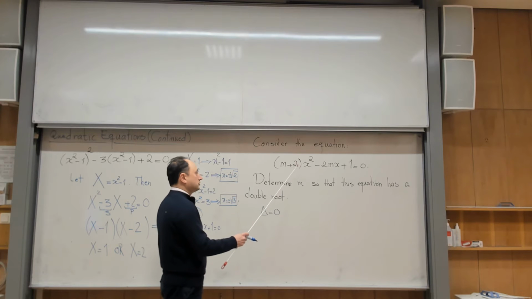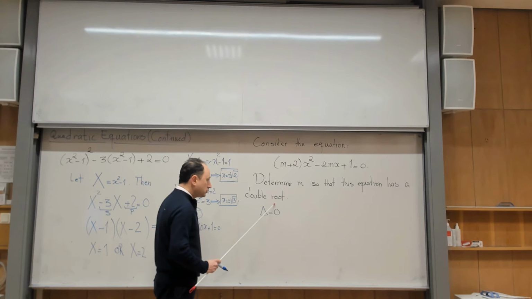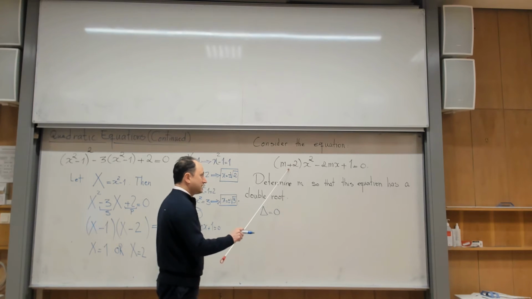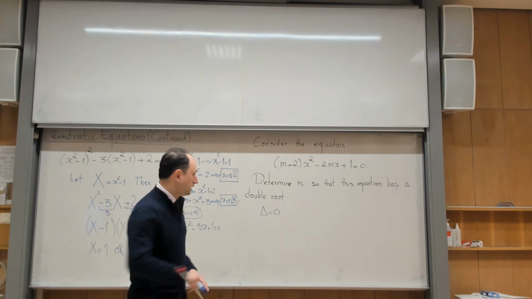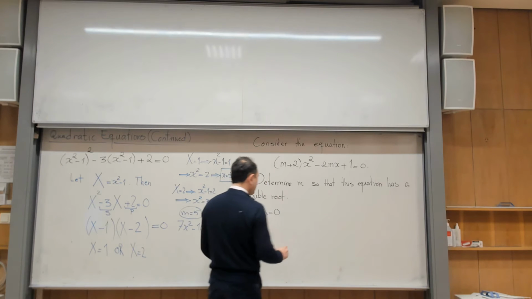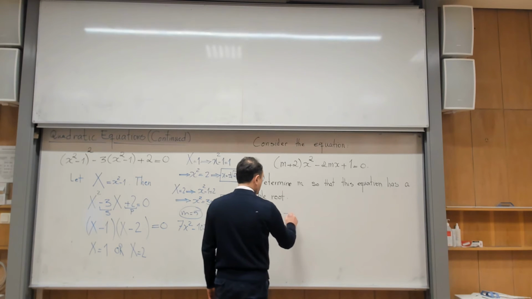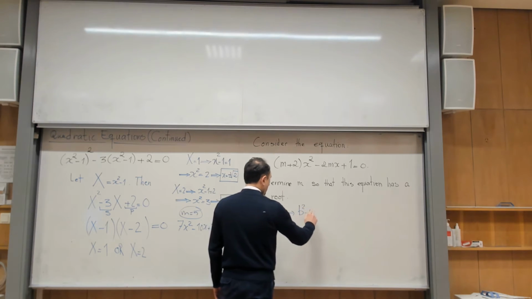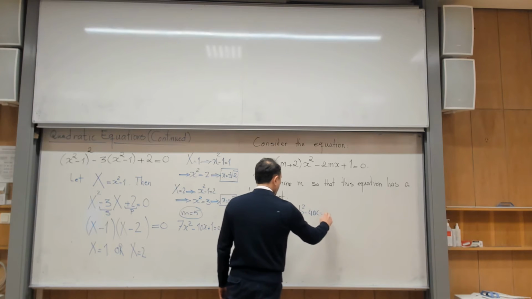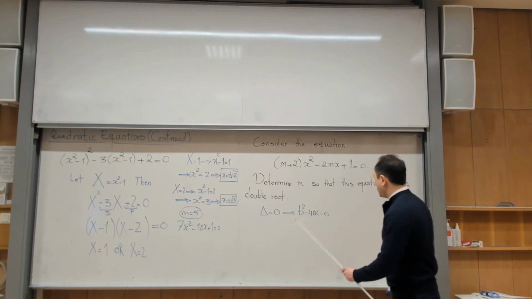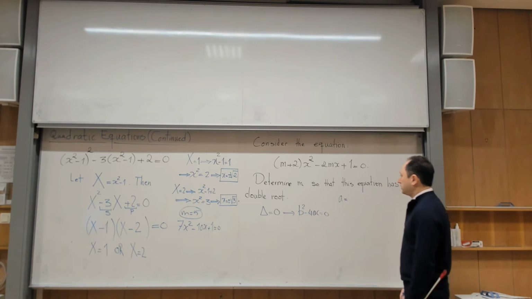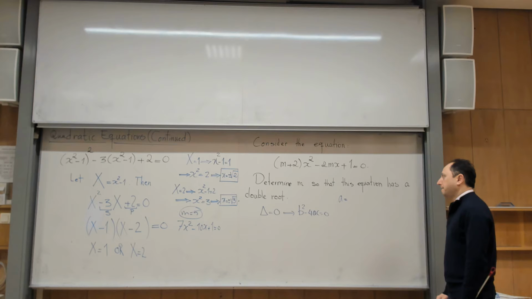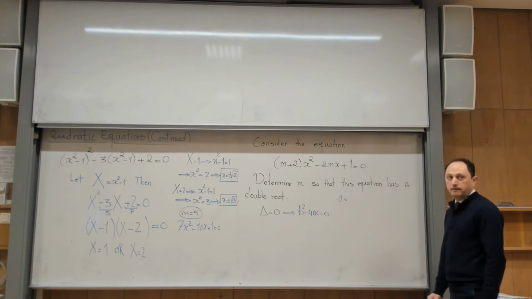In order for this equation to have a double root, I have to force the delta of this equation to be 0. That's the condition. But what was the formula for delta? It was b squared minus 4ac equal to 0. If I ask you what is playing the role of a in this problem? m plus 2.